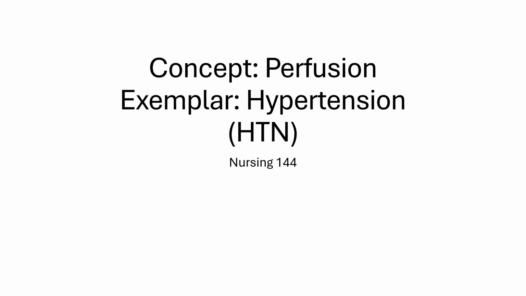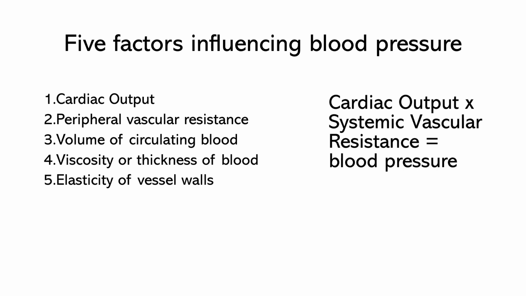So we'll move right into hypertension. For this, there are 5 factors that influence blood pressure, and that's your cardiac output. So the formula, which you do not need to memorize, is cardiac output multiplied by the systemic vascular resistance, and that's how we get blood pressure.